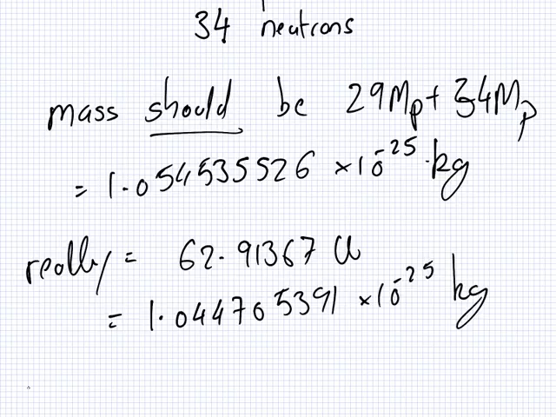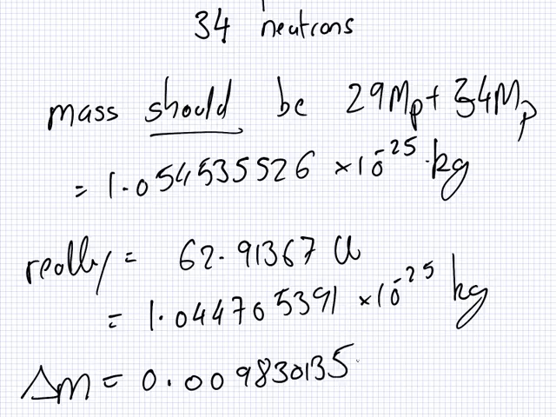So there's some mass missing called the mass defect. 1.05453526 minus 1.04470539 gives 0.009830135 times 10 to the minus 3 kilograms.